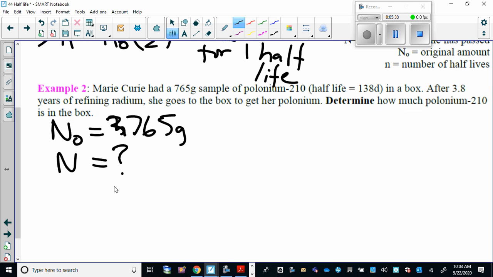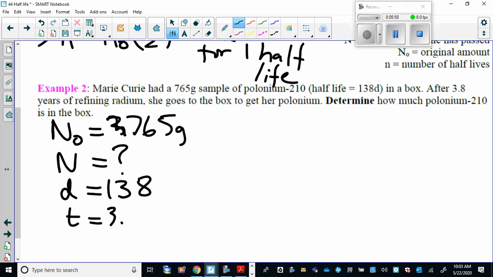So we're going to have to convert one to the other. We're going to say that the D value in this case is 138 days, and the T value is 3.8 years.